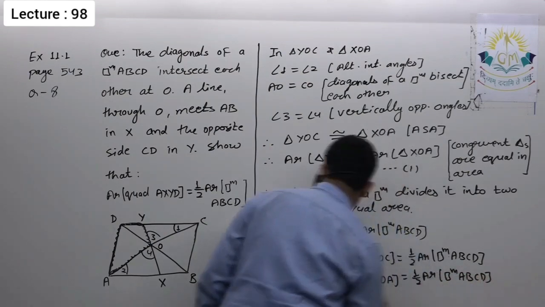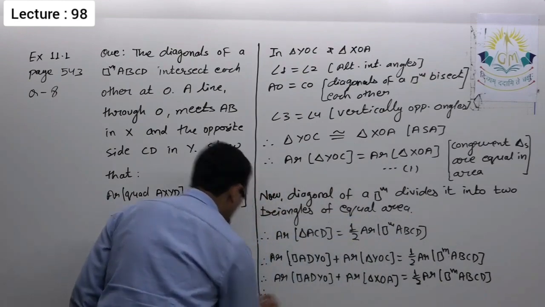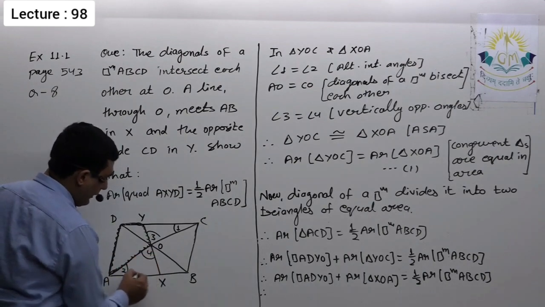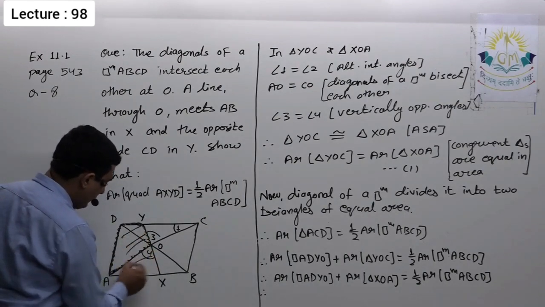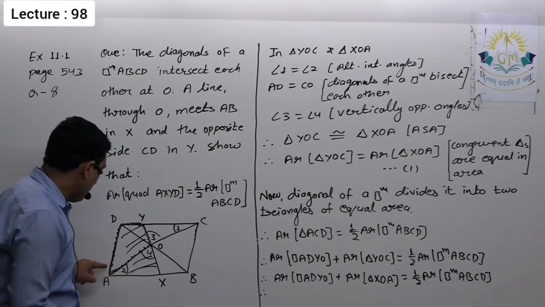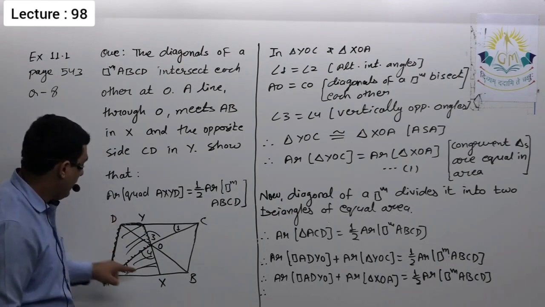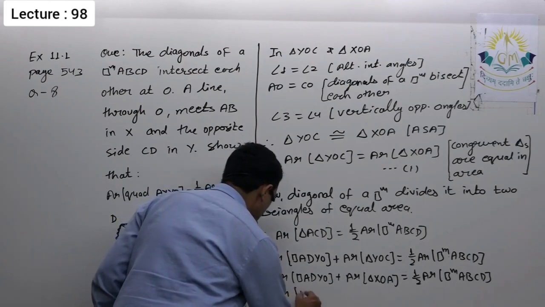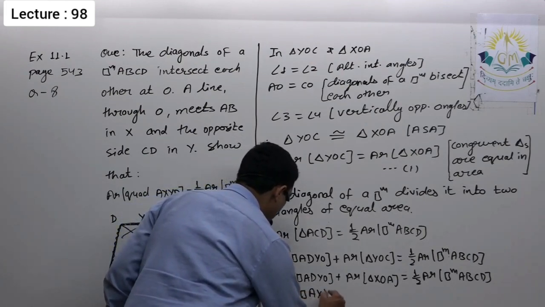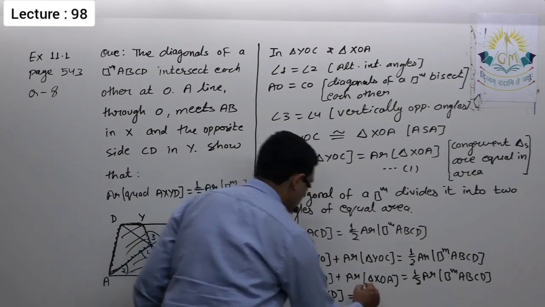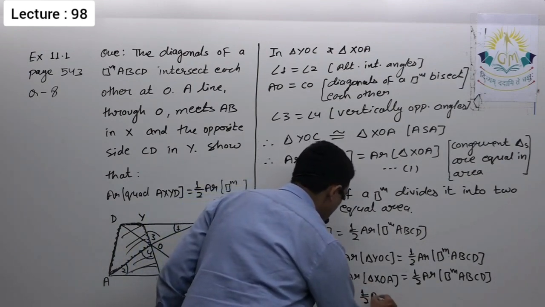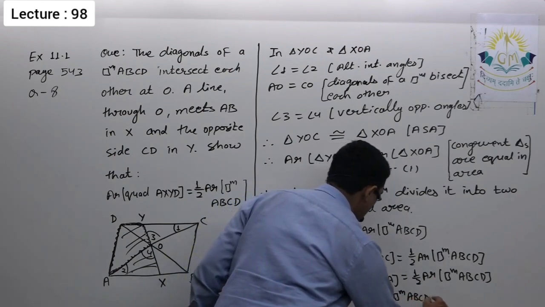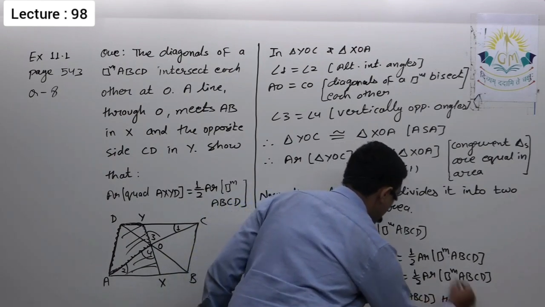Now finally, this ADYO plus AOX, that means this portion plus this portion, is area of quadrilateral AXYD. Therefore area of quadrilateral AXYD is equal to half area of parallelogram ABCD, hence proved.